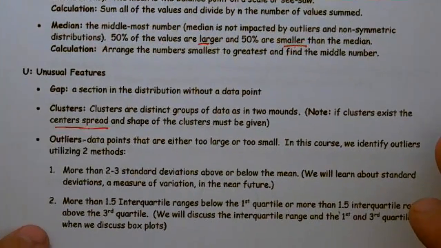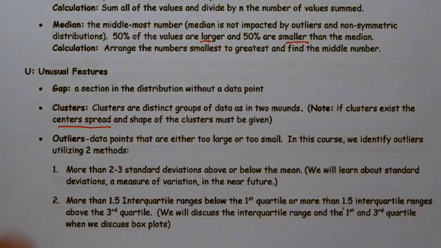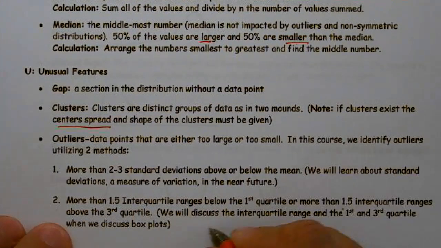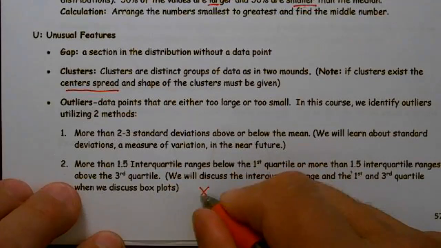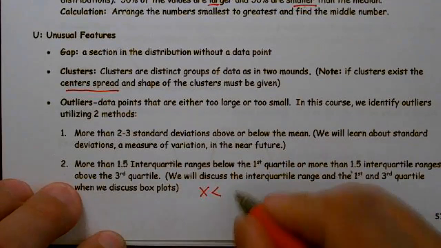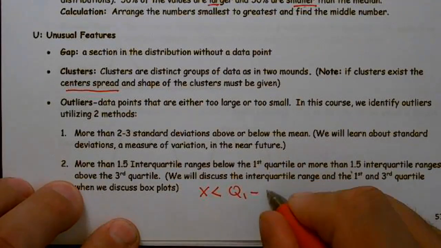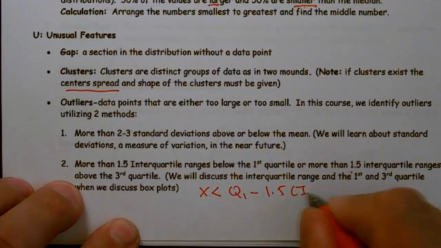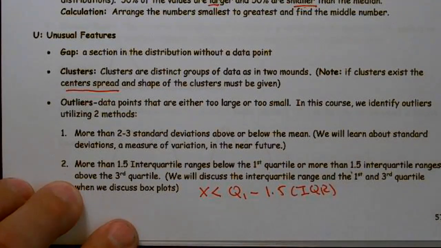In AP statistics, we're going to look at two different methods of determining outliers. I'm going to drop down to number 2 first because we talked about this in the previous video. Basically we said if something was more than 1.5 quartile ranges below the first quartile, it was an outlier, which really gave us the formula: if X is less than Q1 minus 1.5 IQR, it was an outlier.